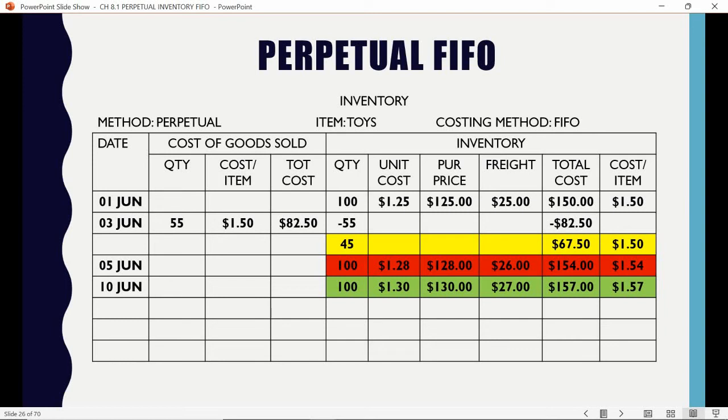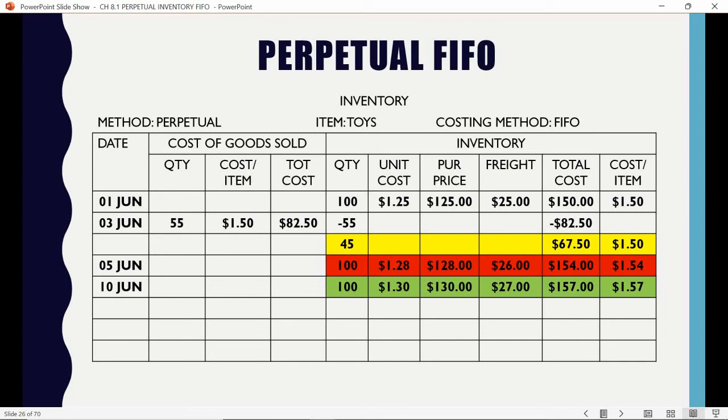So looking at this and using the rules of FIFO, I have 3 batches of inventory. My yellow batch at 45, my second batch of red at 100, and my last, which is the green batch, at 100. So this is the exact order because I purchased it on these exact dates.